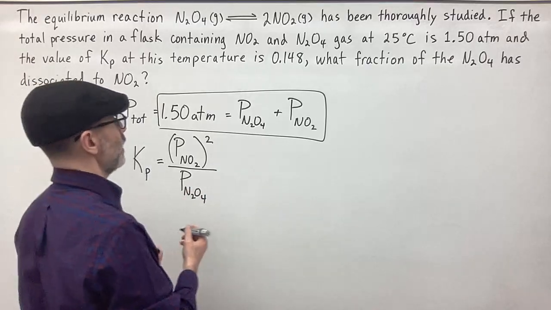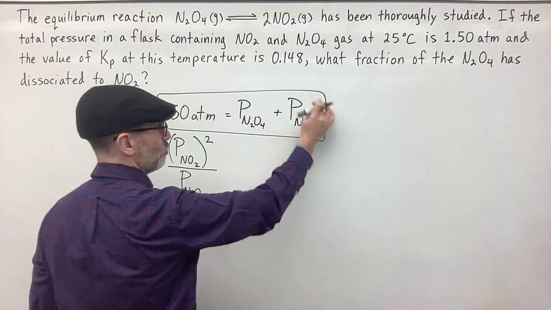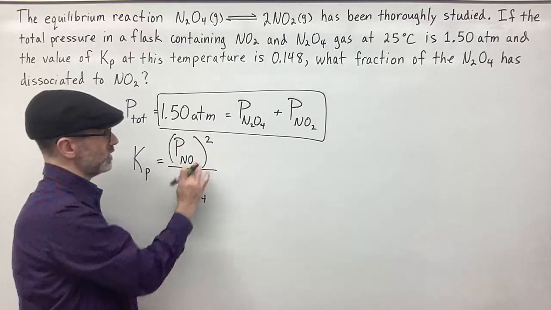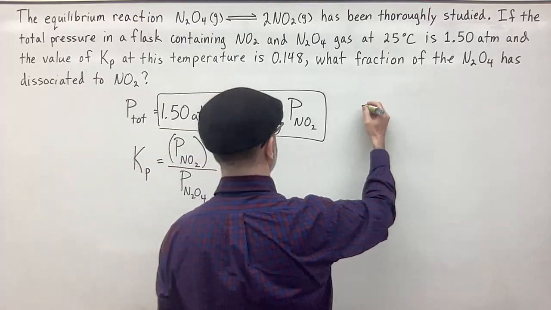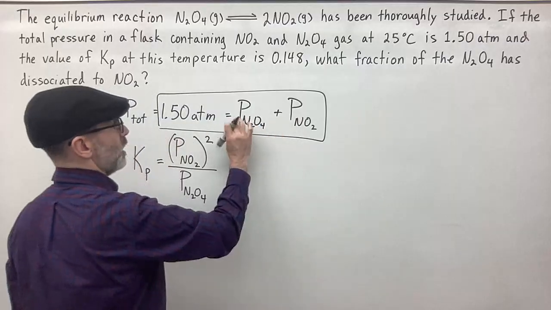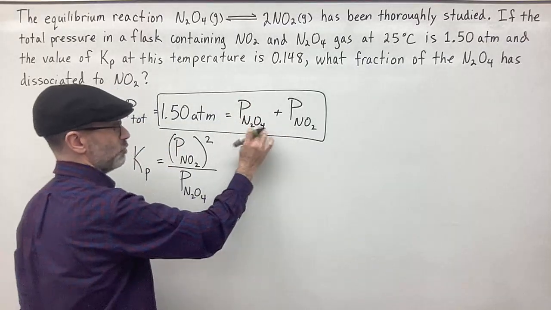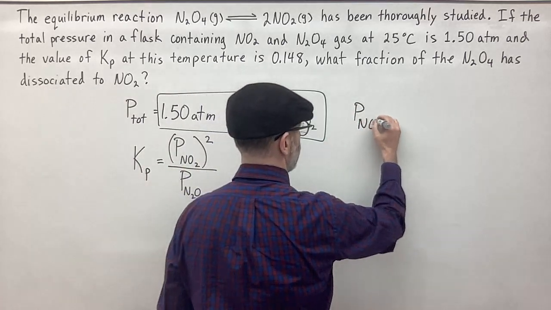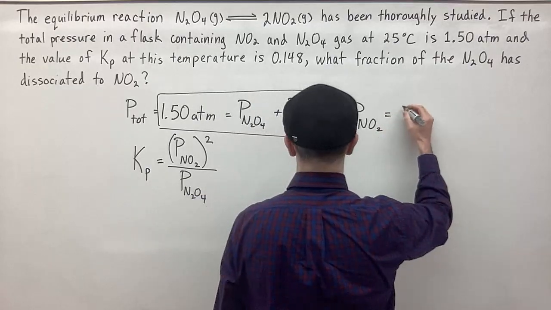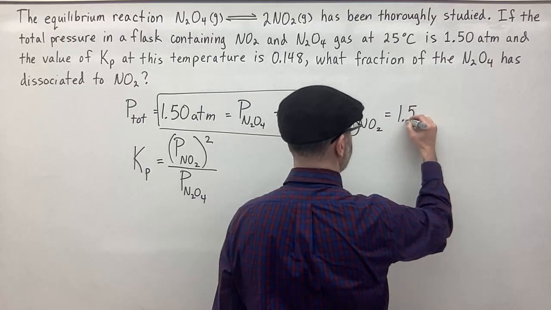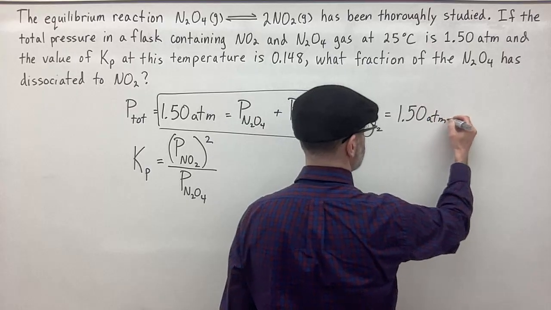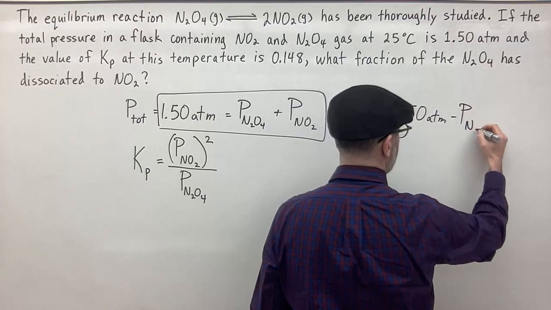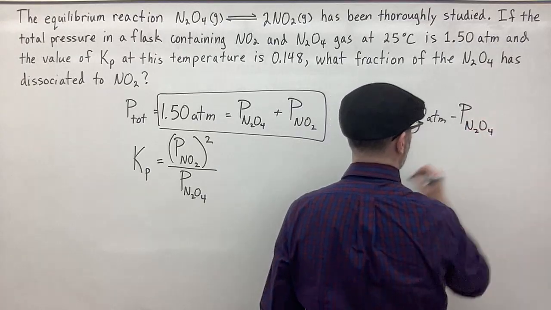And then if we solve this for NO2, we could substitute it into this equation here. So if I rearrange this, if I subtract the partial pressure of N2O4 from both sides, I get the partial pressure of NO2 is equal to 1.50 atmospheres minus the partial pressure of N2O4.